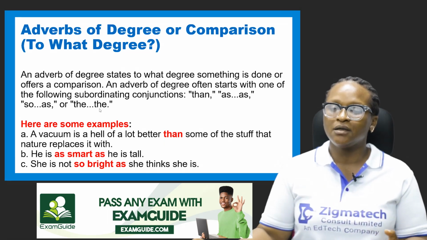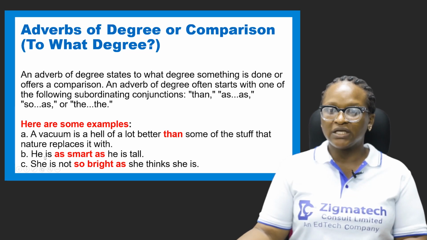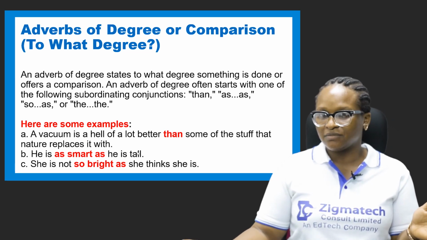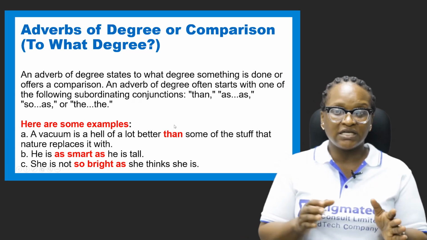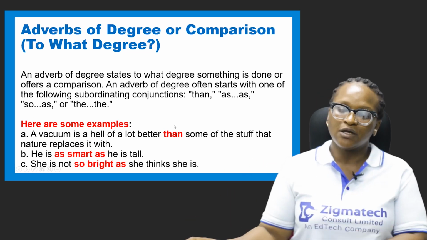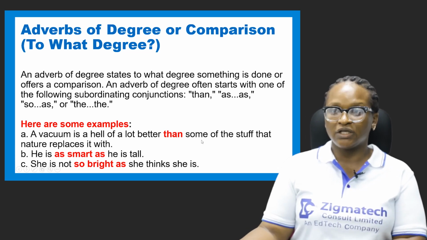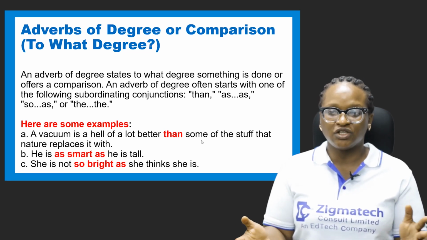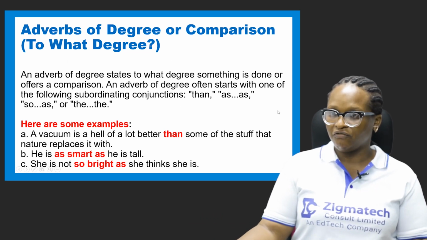It's way better than what we have or what nature replaces it with. So he is as smart as he is tall. The comparison, as much as he's smart, that's the way he is also tall. The last one says she is not so bright as she thinks she is. That's degree and the comparison. You're comparing how bright she thinks she is and what you perceive of the person.